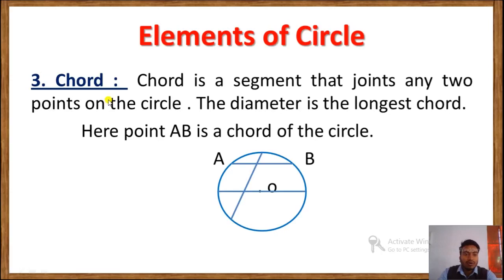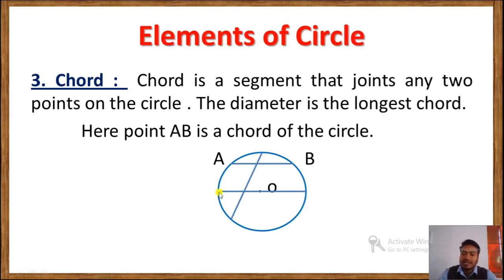Third, we have chord. A chord is a segment that joins any 2 points on the circle. Any 2 points. Here you can see AB. It doesn't matter where the points are. Any 2 points you can join. Then here, the name I haven't mentioned, but you can understand, this is the diameter.